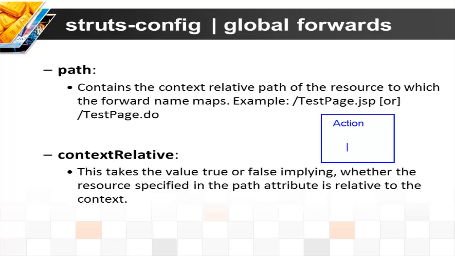Action has an execute method that takes some parameters. This method returns a forward, in particular an action forward, and this action forward decides where to send.